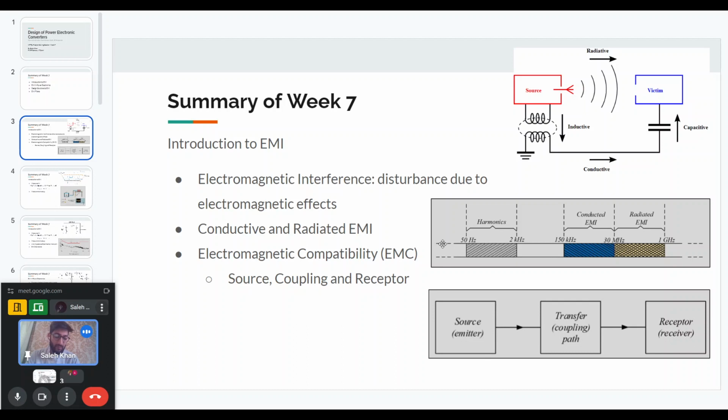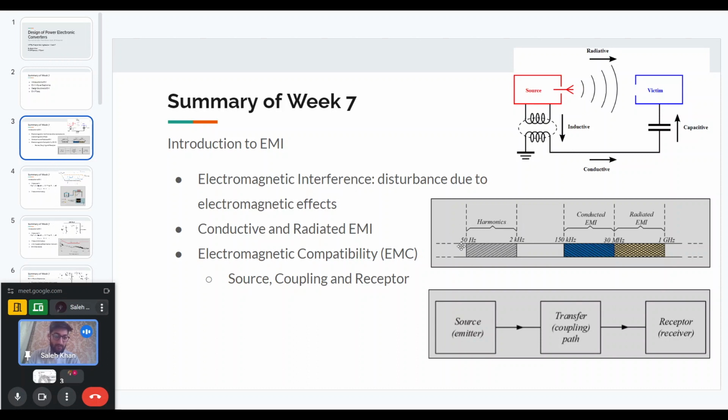And then we first encounter some harmonics, which are basically multiples of this fundamental frequency, 50 hertz, 60 hertz. And these multiples will distort the voltages and currents of the grid. Similarly, in motor drives, they will lead to some pulsations in the torque, so the motor will not run very smoothly. And so these are harmonics.